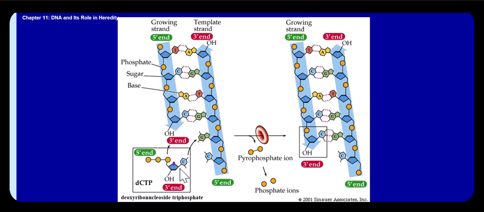Then, as we go around, we have carbon 1, 2, 3, 4, and carbon 5 outside the ring. So this is our building block of a DNA molecule. We have our base attached to carbon 1, and on carbon 5, we have 3 phosphates attached.